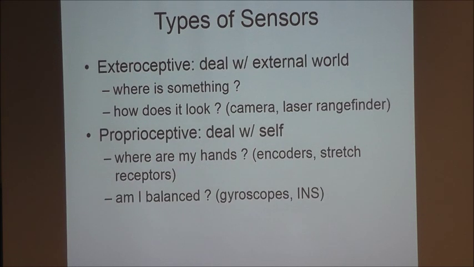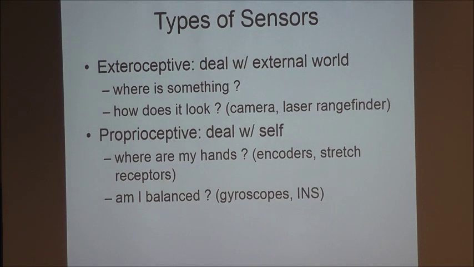Another category is exteroceptive versus proprioceptive. The first one deals with the external world. What is it that the robot needs to know? Where is something? How does it look? Can I look at it through a camera? Can I send a laser signal, receive the feedback, and find the range of a particular obstacle or what have you?